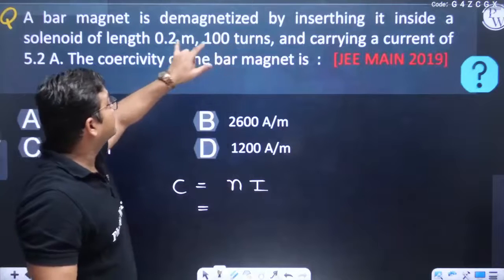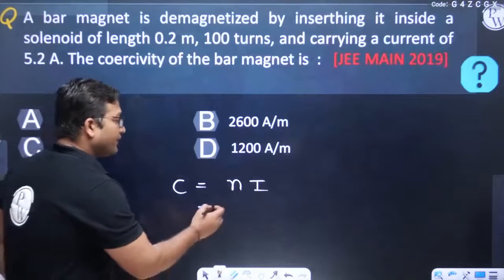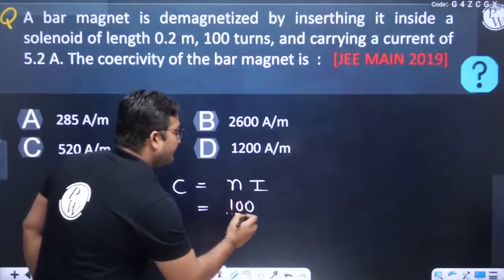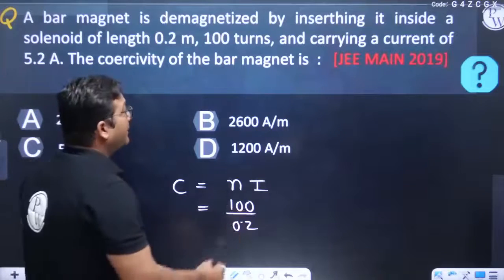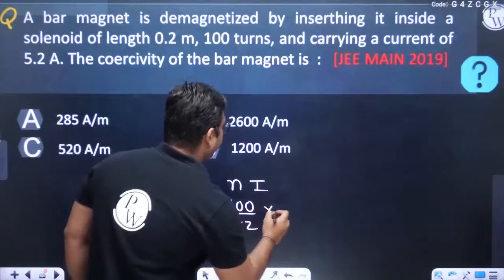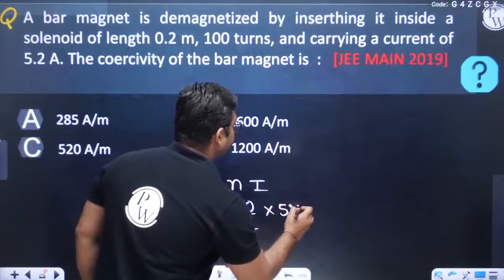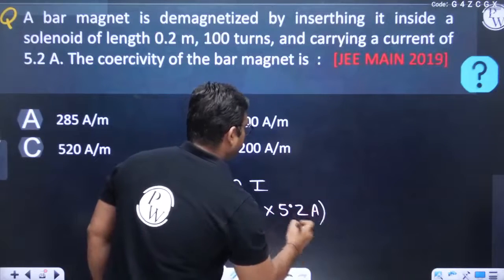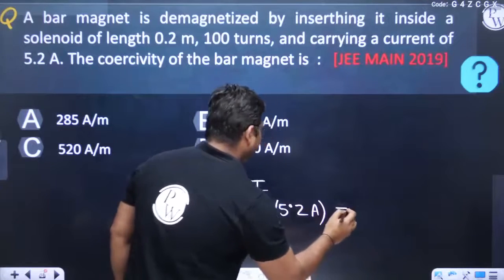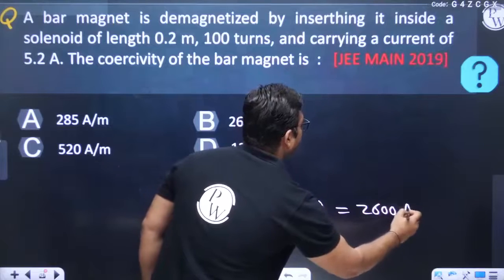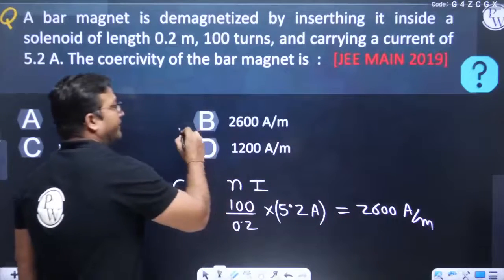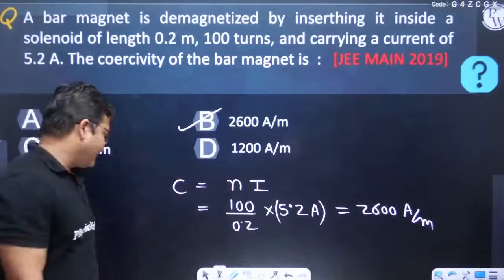We have 100 turns per 0.2 meter, so 100 divided by 0.2 is the number of turns per unit length, multiplied by current, which is 5.2 ampere. Multiplying these two, you will have 2600 ampere per meter, and that is why B is your correct choice. Next question.